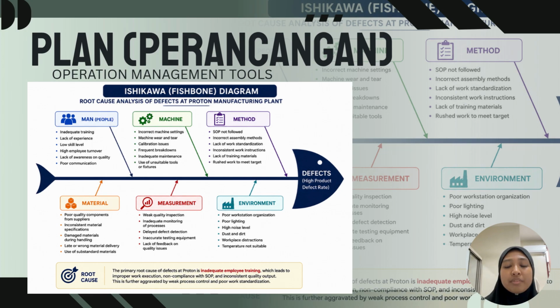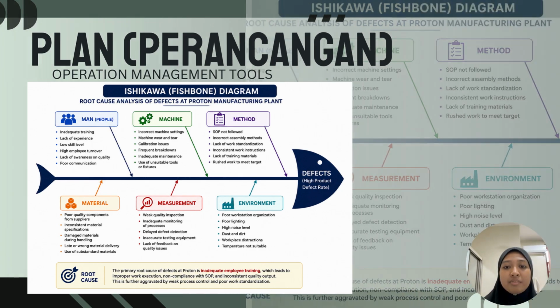Other contributing factors include incorrect machine settings, poor quality materials, inconsistent work methods, weak quality inspection, and an unsuitable working environment. Overall, the analysis indicates that the main root cause is inadequate employee training, which affects work quality and leads to higher defect rates.